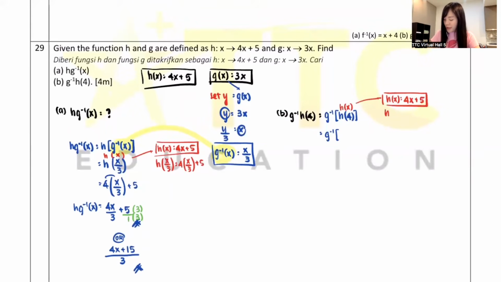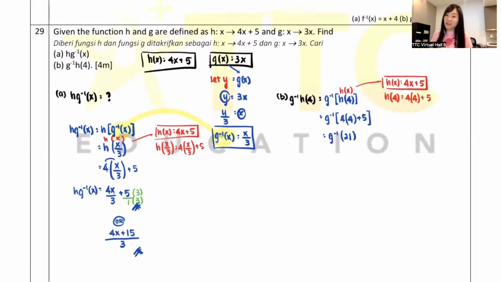Now the question wants to find h4. So the x becomes 4, then this x also becomes 4. I should write the inside right here. So 4 bracket 4 plus 5. So 16 plus 5 is 21.